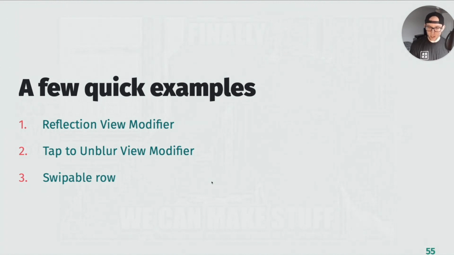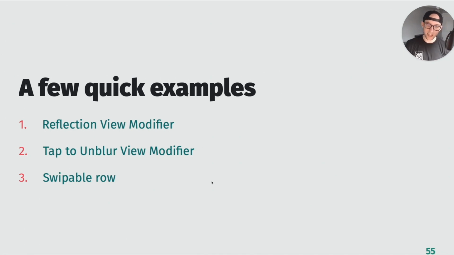The first one, the reflection ViewModifier, is going to be a pretty basic ViewModifier again, something like the one that we just created with the border and background. But it's going to be using the content that we passed in twice, which feels a little bit weird. You're like, why are you going to put the same view in there twice? But you'll see how it's used there.